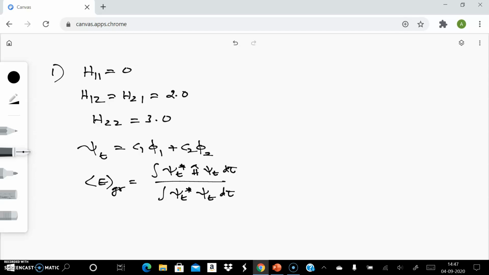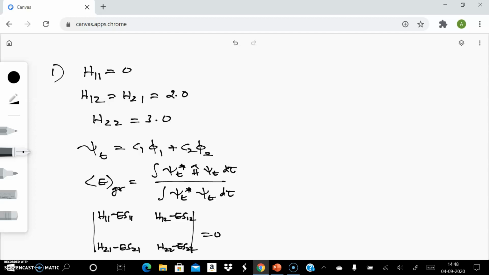If you solve this equation, we will end up with a secular determinant. I will write the short representation of the secular determinant, that is h11 minus es11, h12 minus es12, h21 minus es21, h22 minus es22. That should be equal to 0.